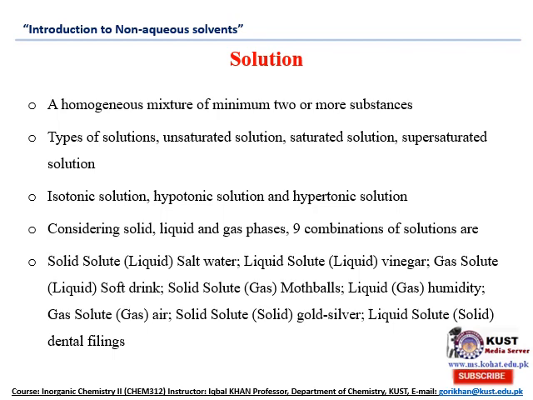Simplistically, solutions can be defined as homogeneous liquid phases consisting of more than one substance in variable ratios, where one of the substances is the so-called solvent, which itself could be a mixture. This is treated differently from the other substances, which are known as solutes. Usually, the solute is a minor component, while the solvent is always in excess.